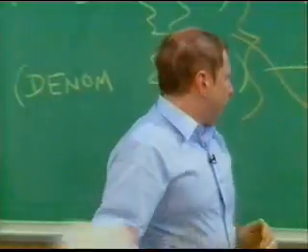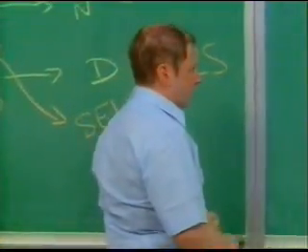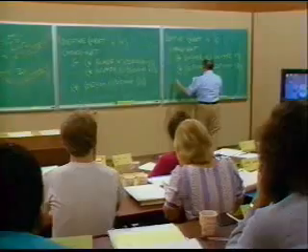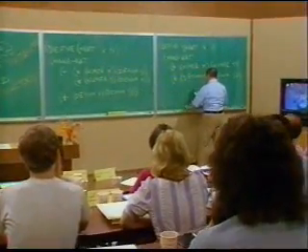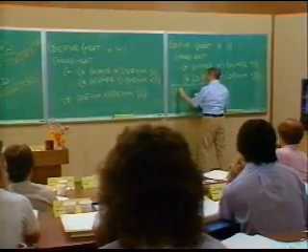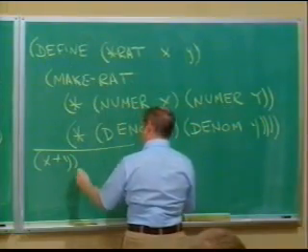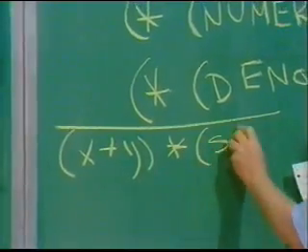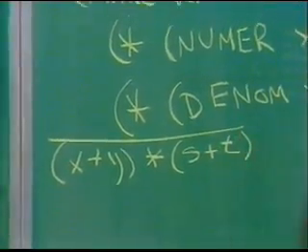Well, the answer is, suppose you want to think about expressing something like this. Suppose I'd like to express the idea of taking two rational numbers, x plus y, say, and multiplying that by the sum of two other rational numbers.